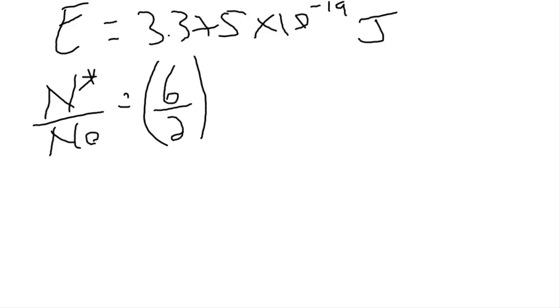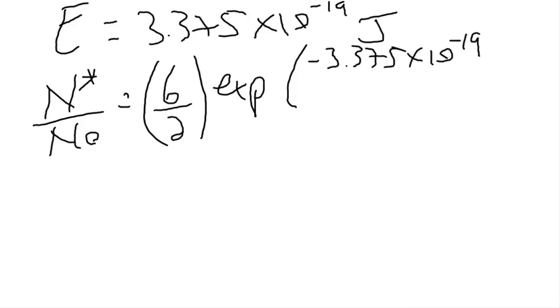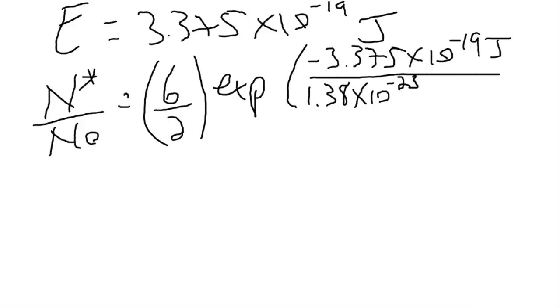6 divided by 2, so that's equal to 3. And the exponential of minus the energy, so times 10 to the minus 19 joules, divided by Boltzmann's constant, which is 1.38 times 10 to the minus 23 joules per Kelvin, times 10,000 Kelvin.